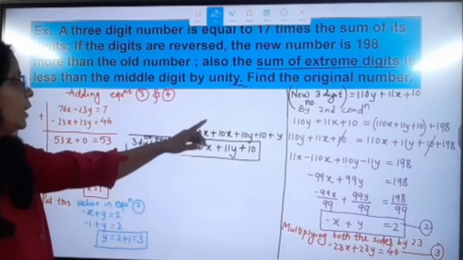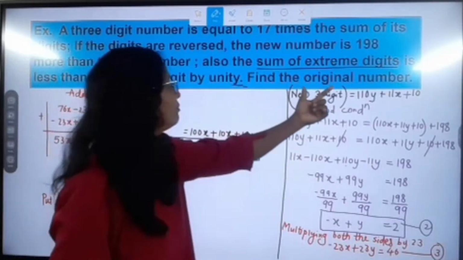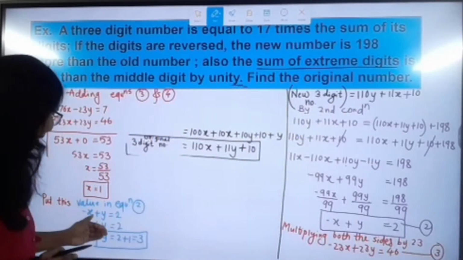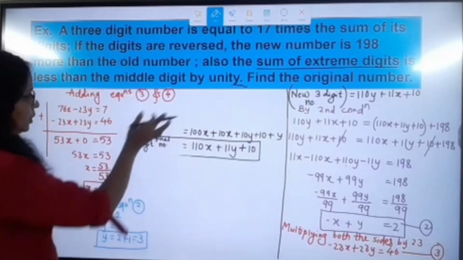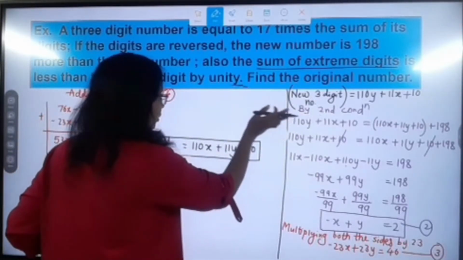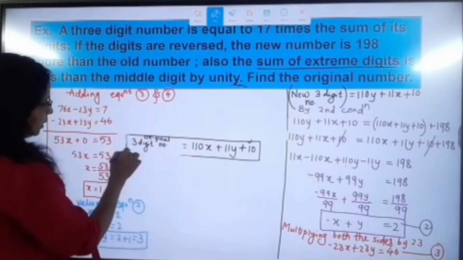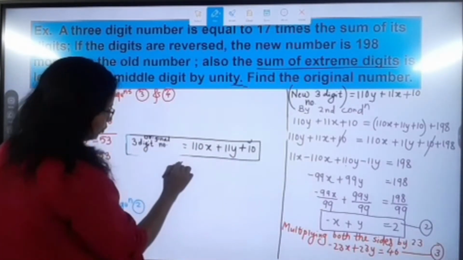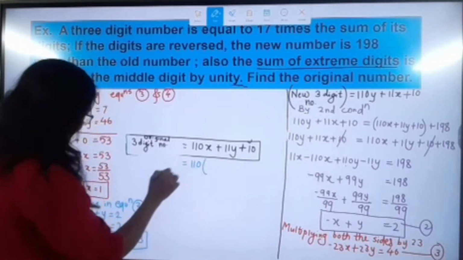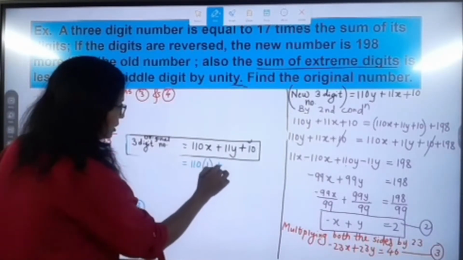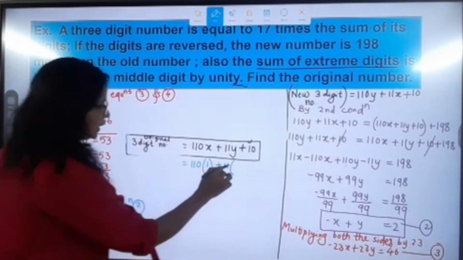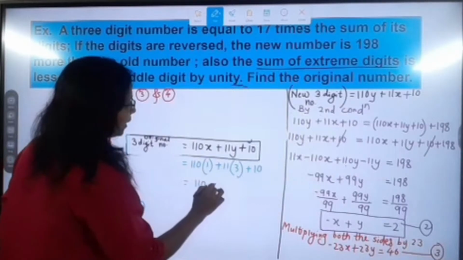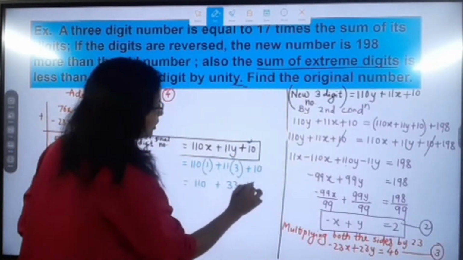So now we have to find the original number. As we get the values of x and y, we can find the original number. So here the original 3-digit number is 110x plus 11y plus 10. So I substitute here 110 multiplied by 1 plus 11 multiplied by 3 plus 10, which is equal to 110 plus 33 plus 10.